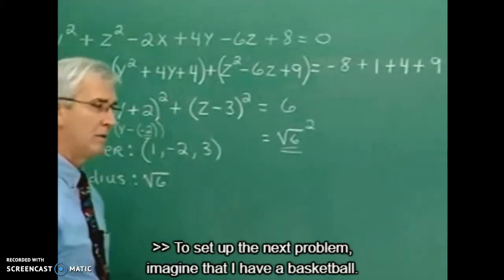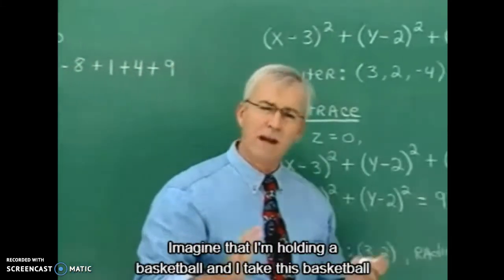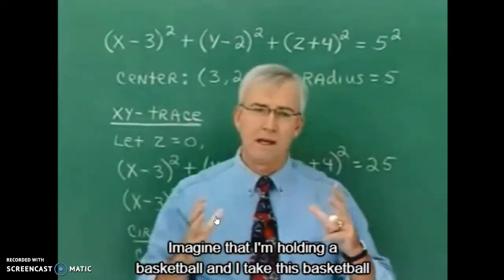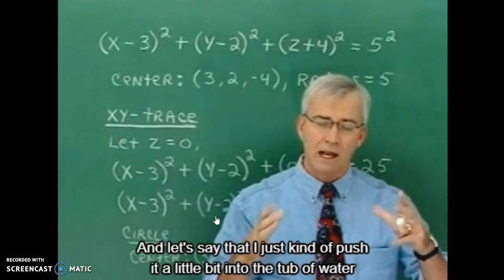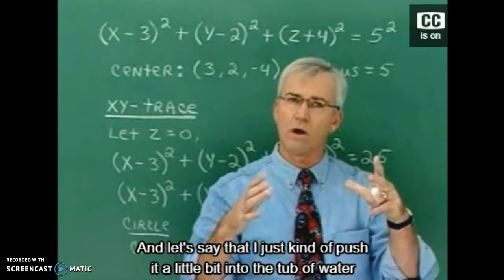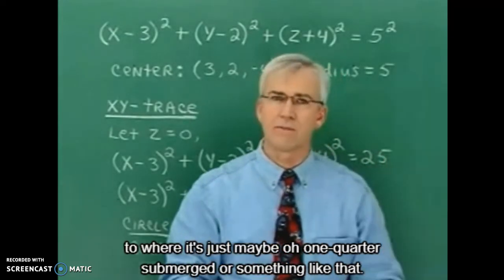To set up the next problem, imagine that I have a basketball. Imagine that I'm holding a basketball, and I take this basketball and I lower it into a tub of water. And let's say that I just push it a little bit into the tub of water to where it's maybe 1/4 submerged or something like that.